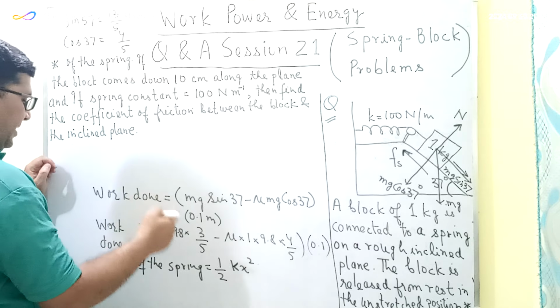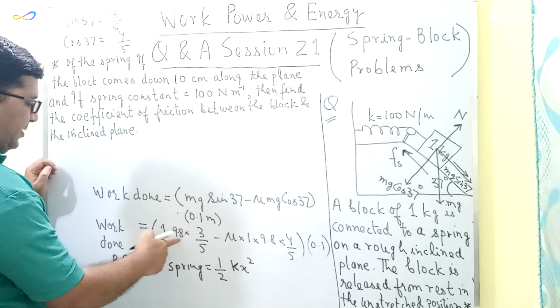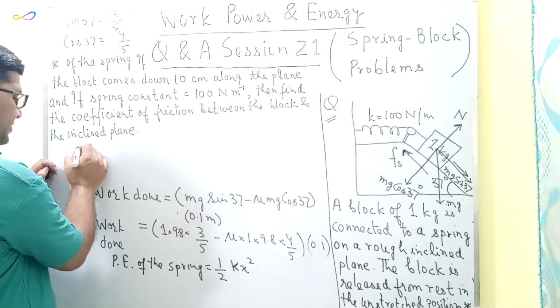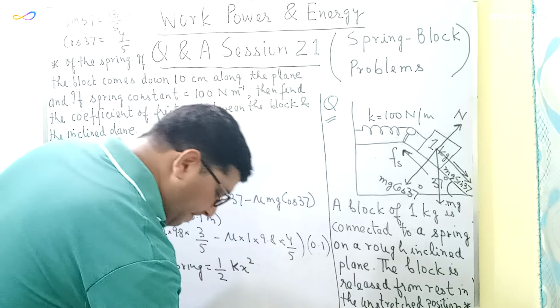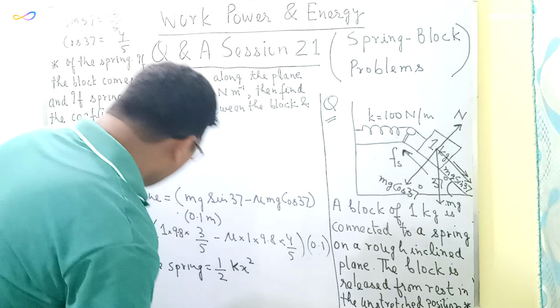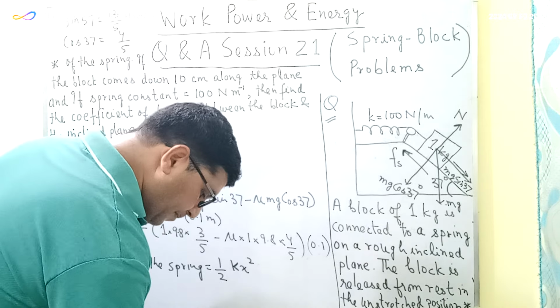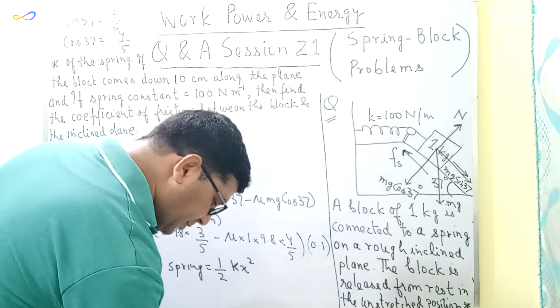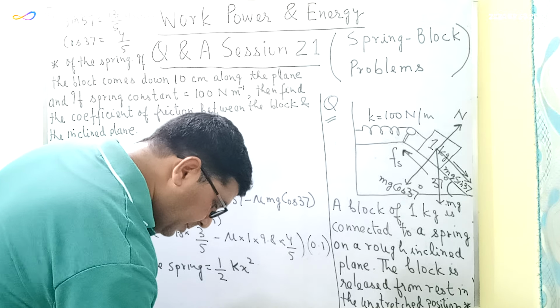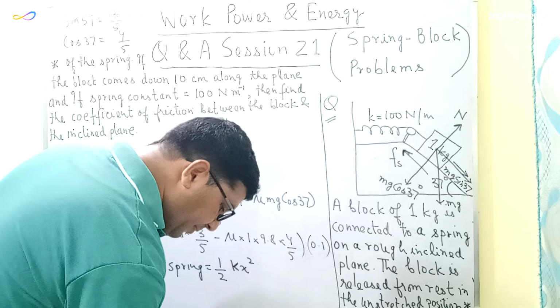Here the work done is equal to 1 into 9.8 into 3 by 5. So I will be writing this as 9.8 into 3 divided by 5.